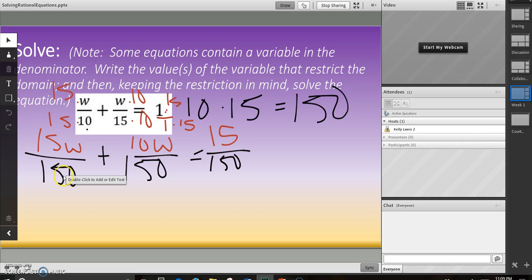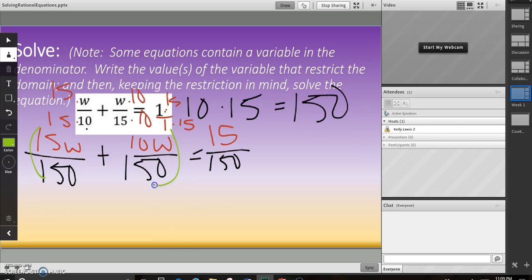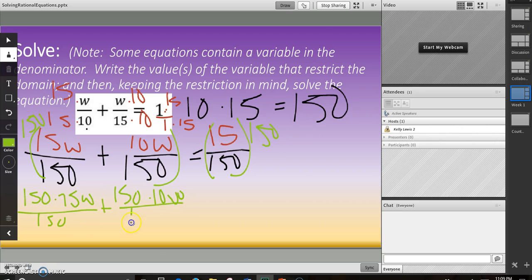Here we are. We have 15W over 150 plus 10W over 150 equals 15 over 150. If I took everything and multiplied by 150, then I would have 150 times 15W over 150 plus 150 times 10W over 150 equals 15 times 150 over 150.